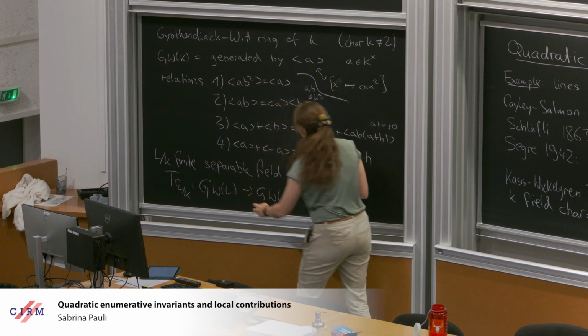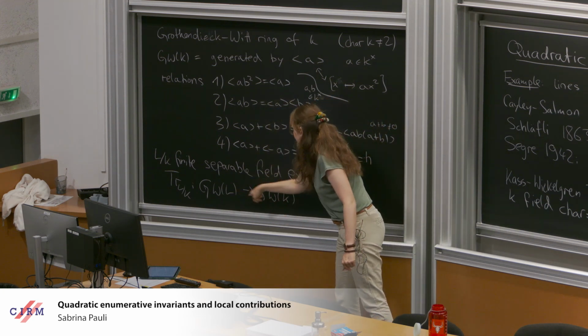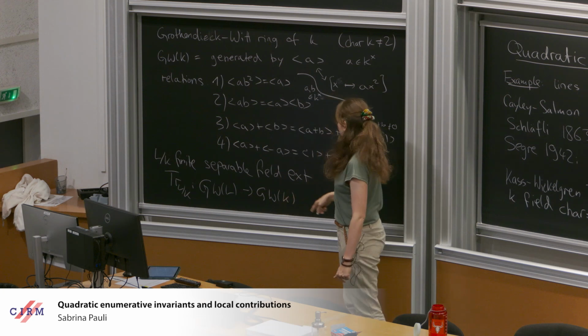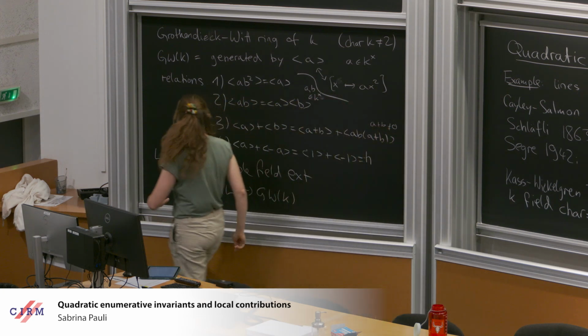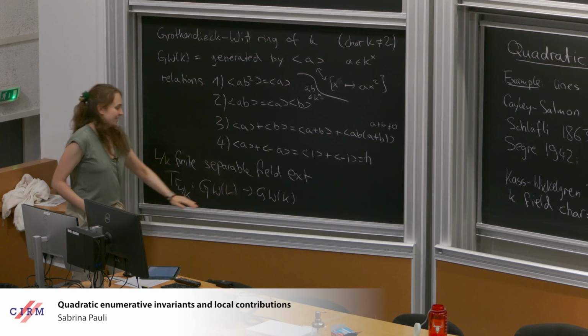If you have a quadratic form over L, you can just post-compose with the field trace, and this gives you an element of the Grothendieck-Witt ring of K. But what you need to know for now is just that this thing here exists.